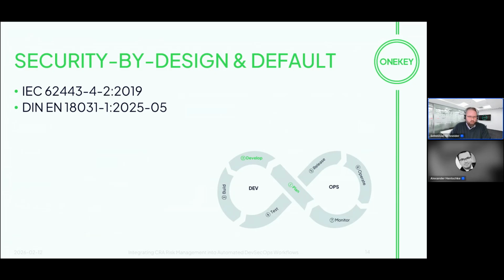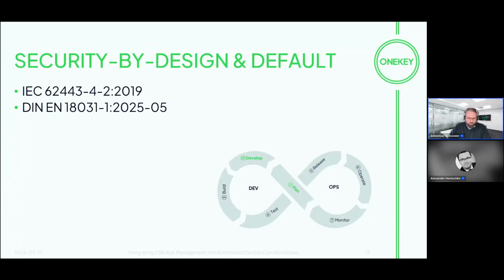So really security features that could be relevant for this kind of devices. And the EN 18031-1, which is actually the security requirements from the Radio Equipment Directive, but we can be pretty sure that both these standards will be a template for the cybersecurity requirements in the Cyber Resilience Act.